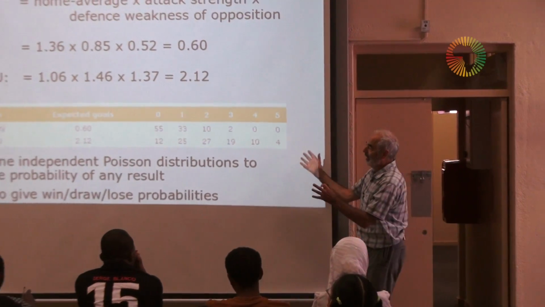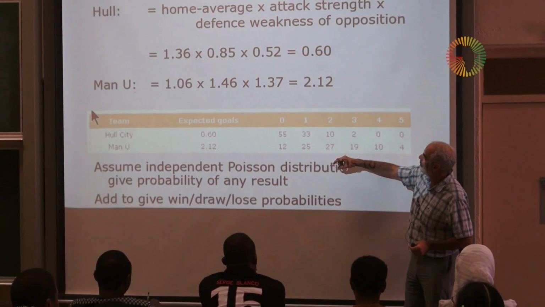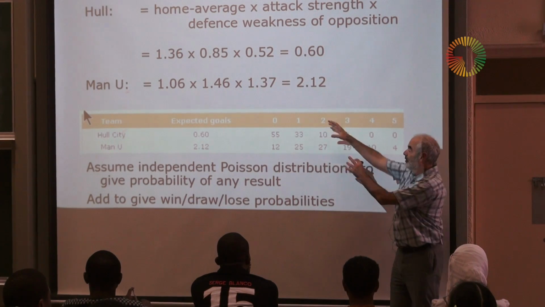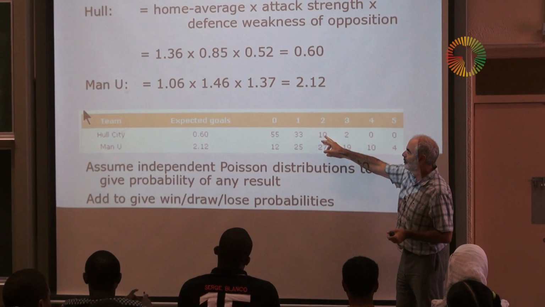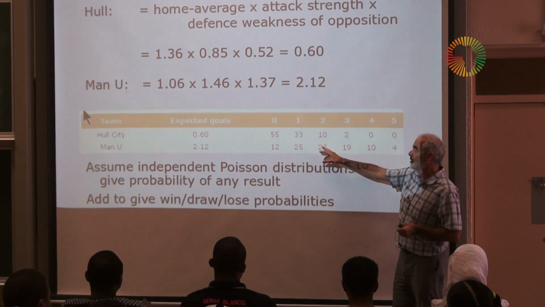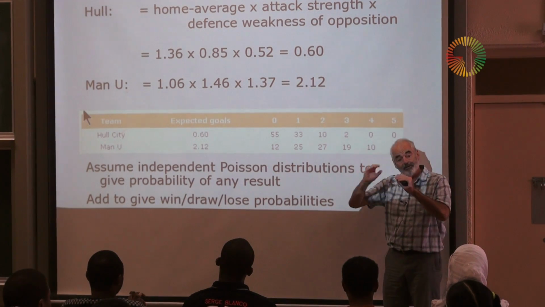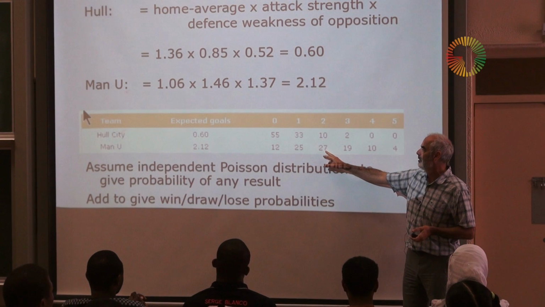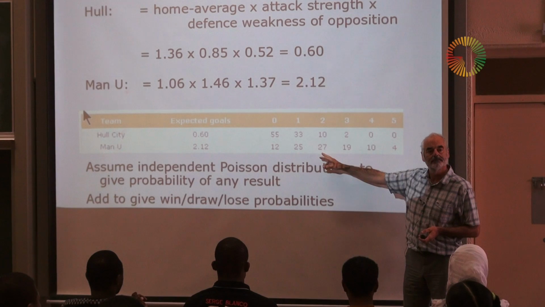And they allow us then to work out the probability, for example, of a 2-all draw. These are assumed independent, so the probability of Hull scoring 2 and Manchester United scoring 2, remember with and, you multiply the probabilities. So it's 0.1 times 0.27, so it's only about a 3% chance of a 2-all draw.